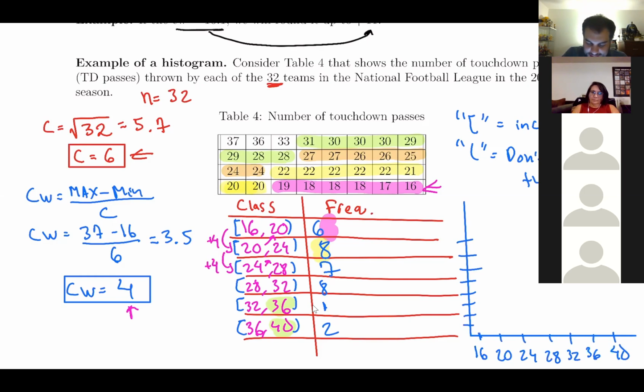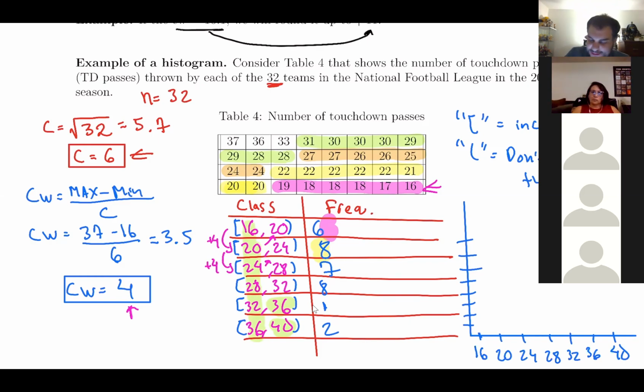I'm getting those numbers from the frequency table I created. If you're wondering how I got 16 all the way through 40, it's because I'm using the numbers from that table. Any questions?